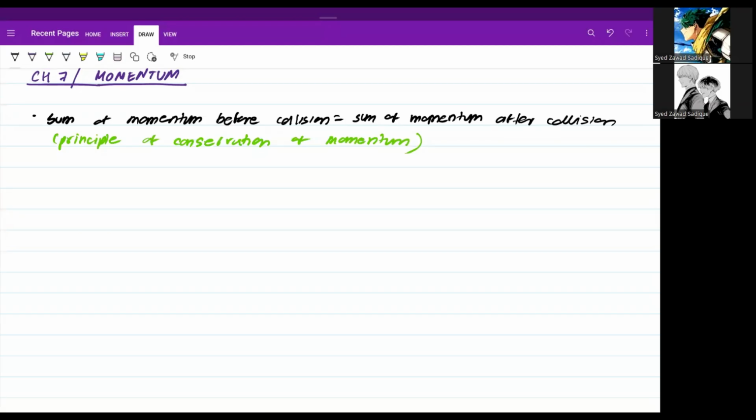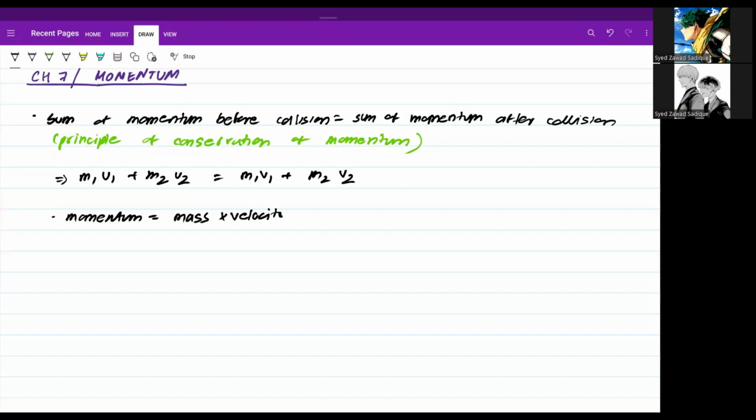You'll see what I mean. So go to formulas. You'll see m1u1 plus m2u2 is equal to m1v1 plus m2v2. That is it. You have momentum is equal to mass times velocity, which is P equals mv.